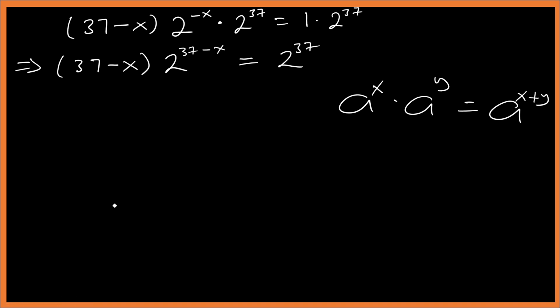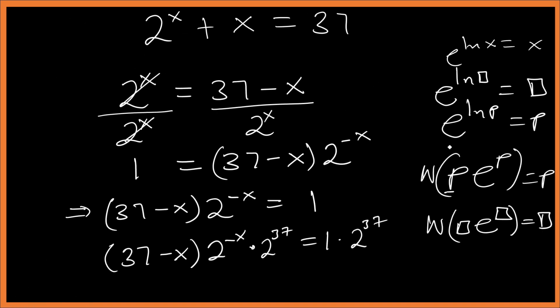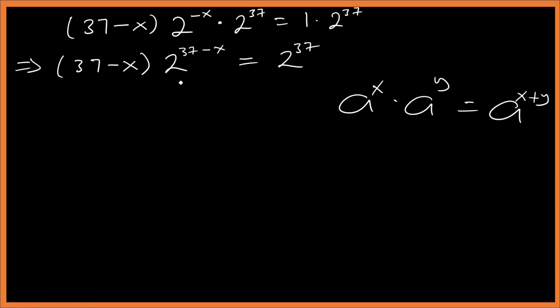Okay, so remember we said anytime you raise e to ln of something, it is that thing. So we want to introduce the e so that we can take the Lambert W function. So I have 37 minus x.